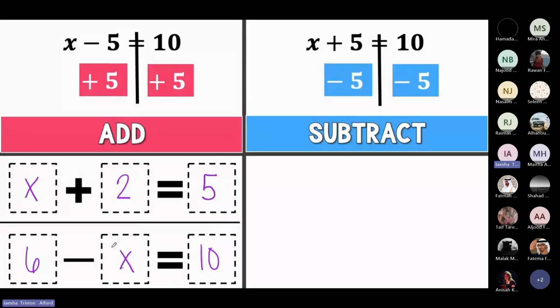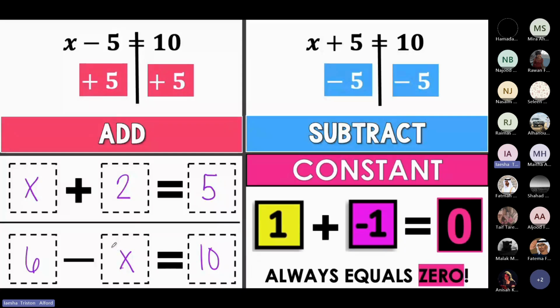Remember, when we're doing add or subtract, we want to make the constant 0. Anytime we have one positive and one negative, it's going to make 0. If I have positive 2 and a negative 2 and I add them, you get 0.